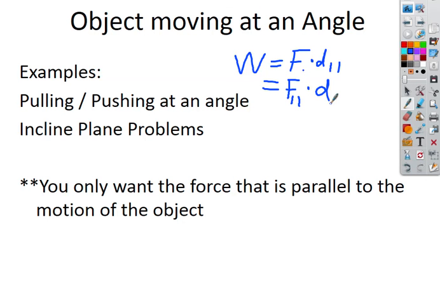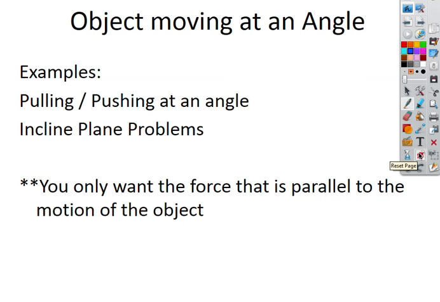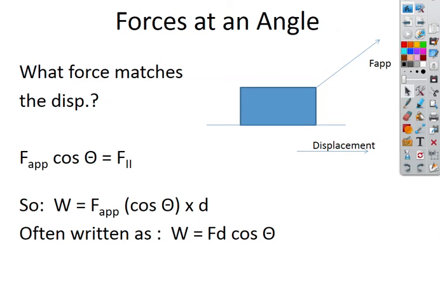If I have this angled force, all I want is the parallel component of the force. And so that's pretty easy to do. They actually make this pretty consistent. If you're given this particular free body diagram, what force matches the displacement?